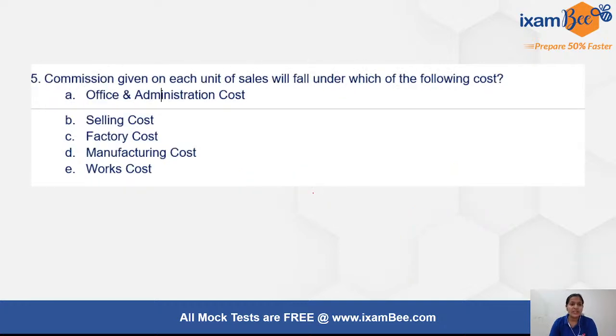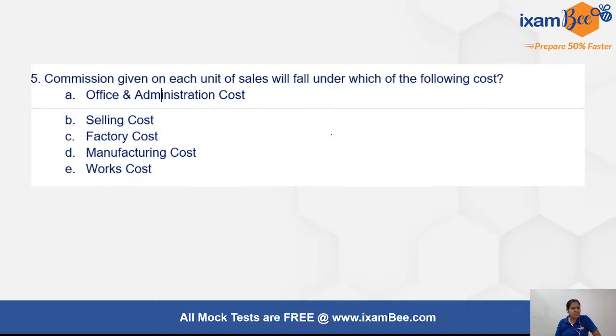Next question relates to understanding one of the costs and where it falls. The commission given on each unit of sales will fall under which type of cost? When the company is making its trading account and the cost sheet, there are various costs and headings: administrative costs, operating costs, selling costs, factory costs, manufacturing costs, prime costs.